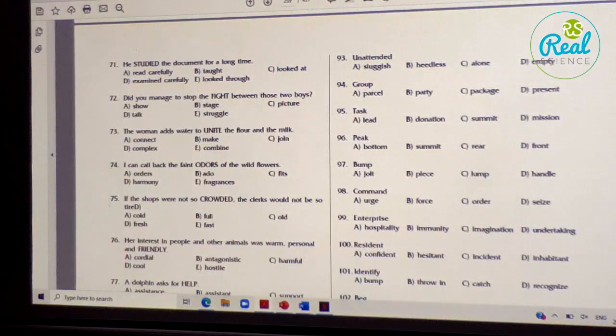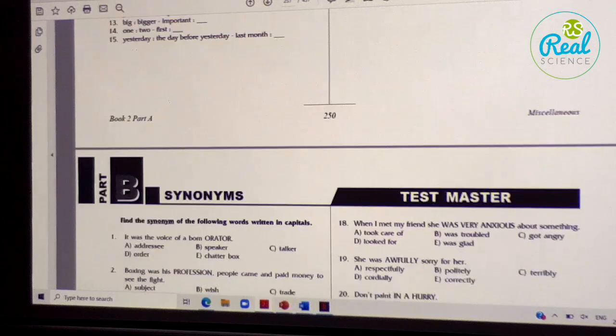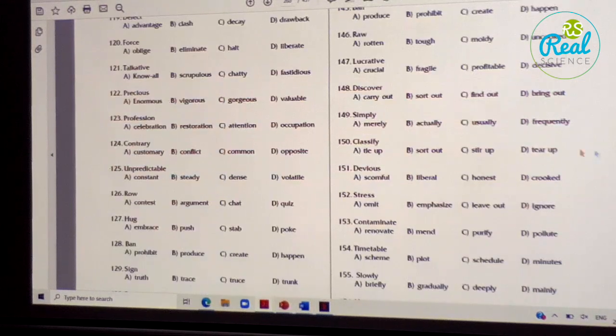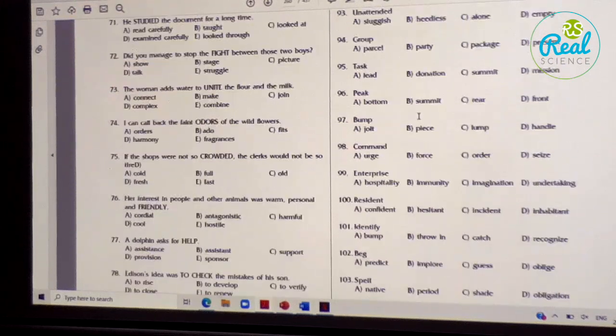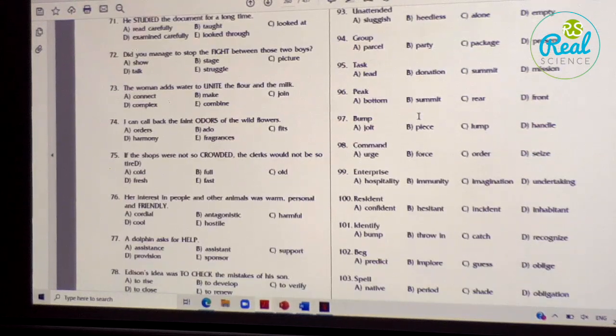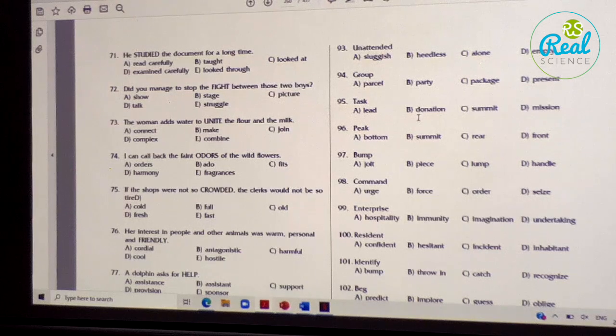Now we will continue with this one. I will give you some time to look at some questions. Can you see it clearly? Not at all. Okay, I promise it will get better.